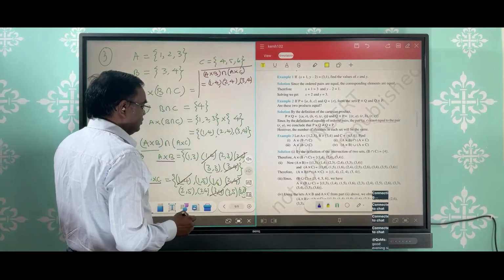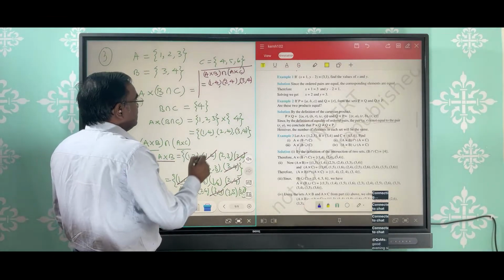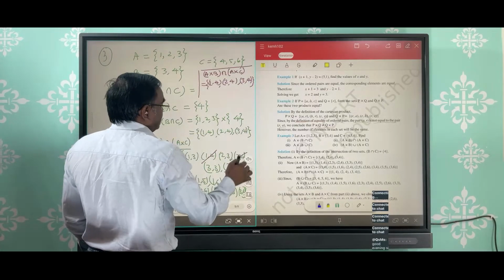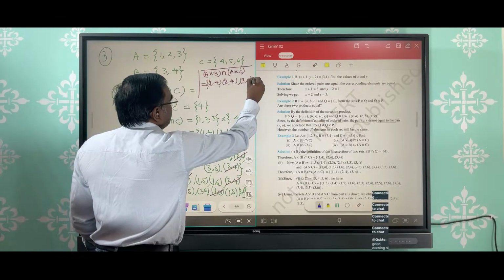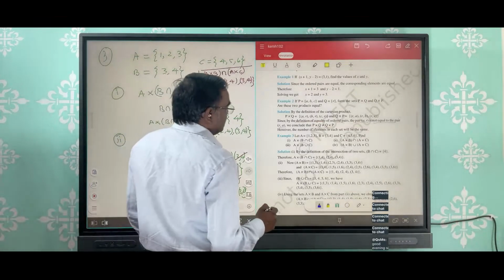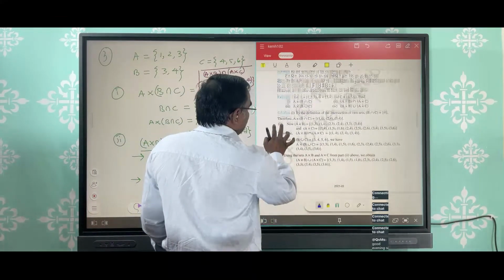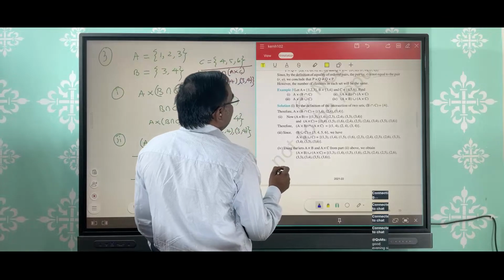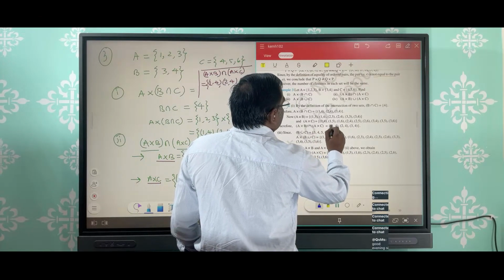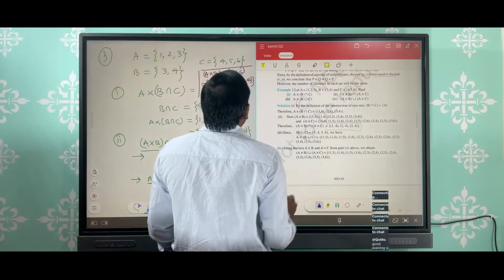So that is the intersection of A cross B and A cross C. So you can check the answer: 1 4, 2 4, 3 4.